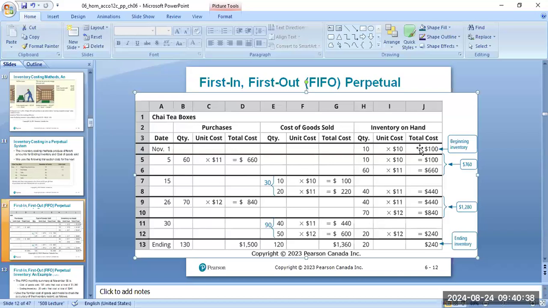When you add those $100, it comes up to our calculation when we have available $1,600 of inventory, or 140 units. And of those $1,600, $1,360 is the cost of goods sold, and $240 is our ending inventory.